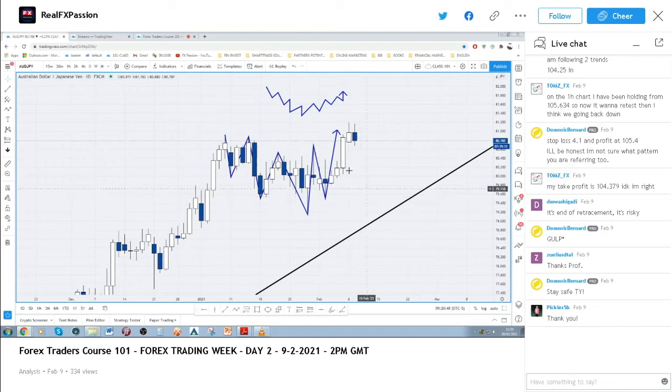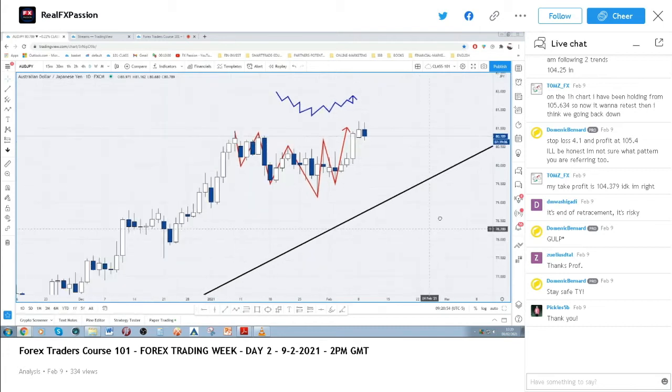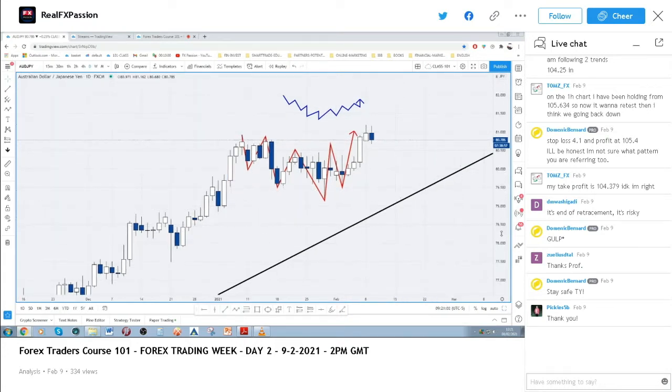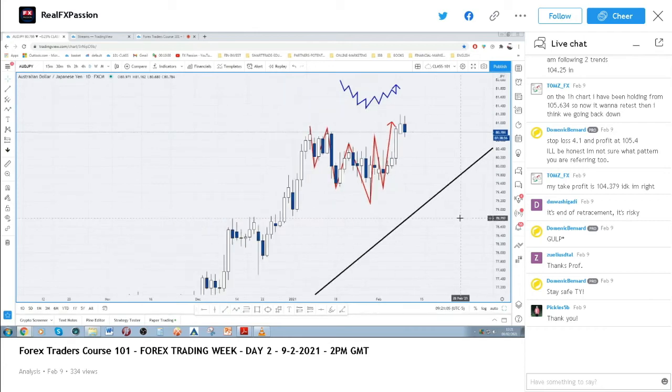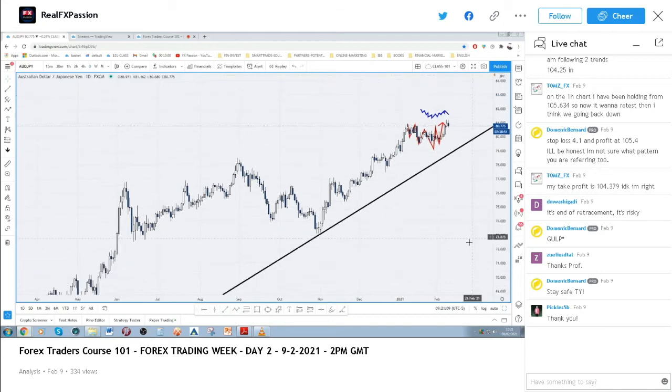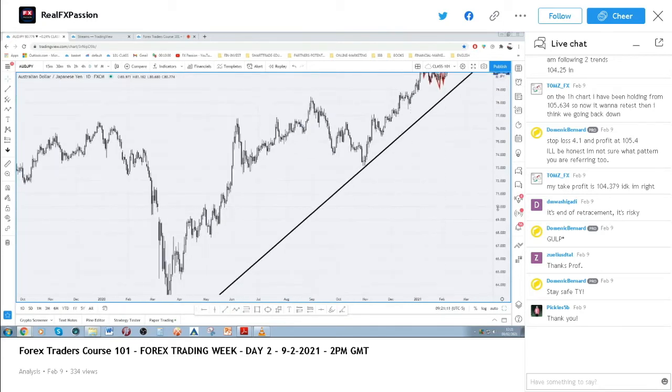It's a probability game, beginner traders. We need to clarify: we can have everything in place on the 1 hour chart, 2 hour chart, whatever. The question is, the confirmation time frame from the previous lessons is going to determine if this is a high probability or low probability trade.